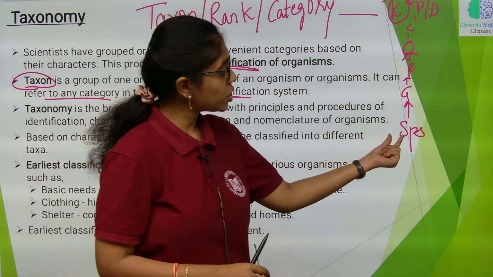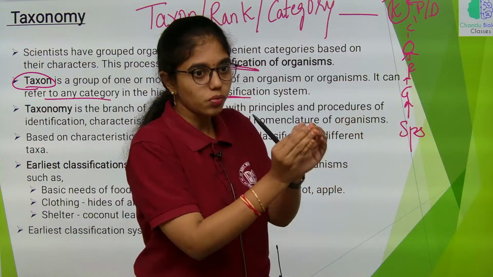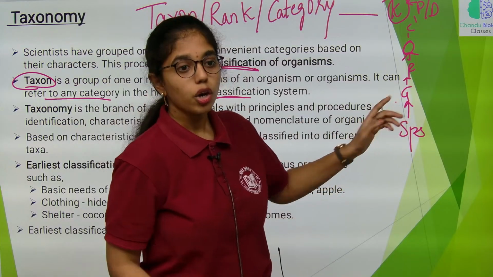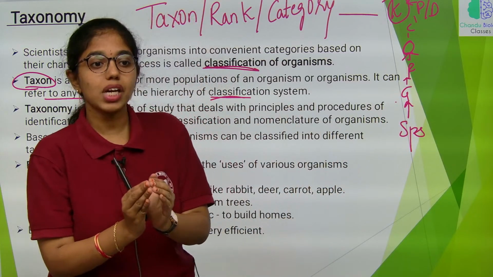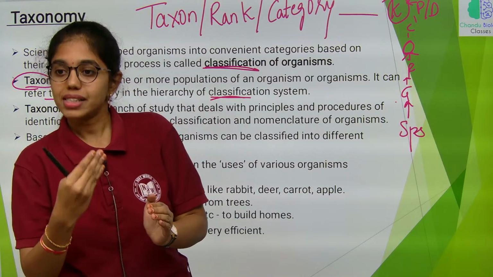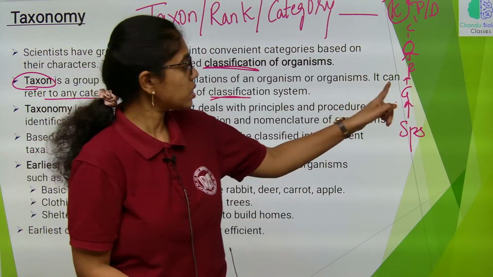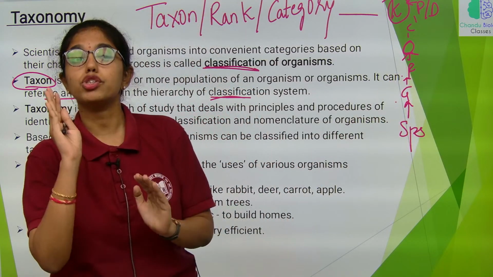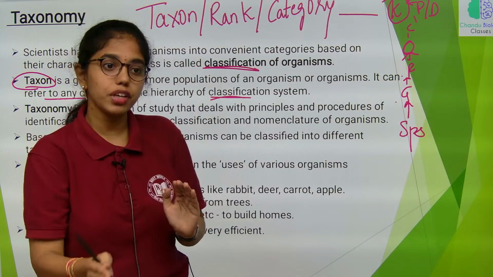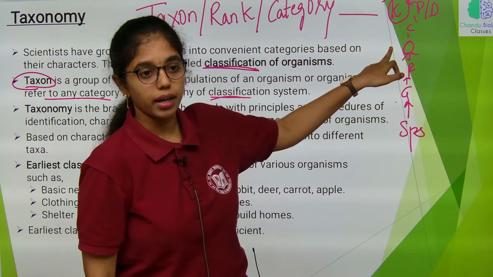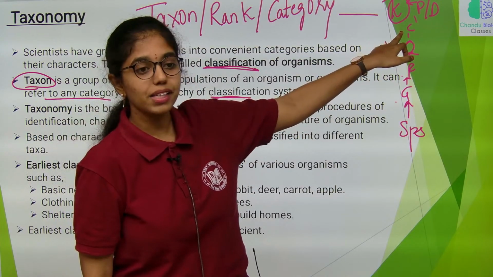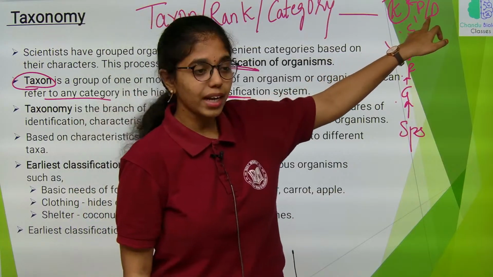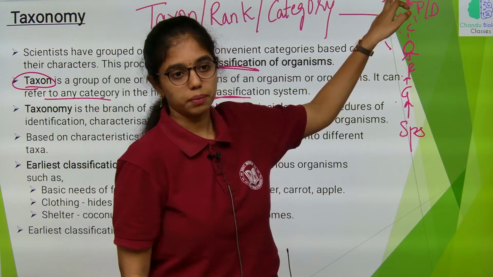A group of similar species comes under a genus. A group of similar genera exhibiting the same vegetative and floral characters in plants are placed in a family. A group of similar families which show the same reproductive features are placed in an order. As such, a group of orders are placed in a class, then in a phylum or division, and lastly kingdom.